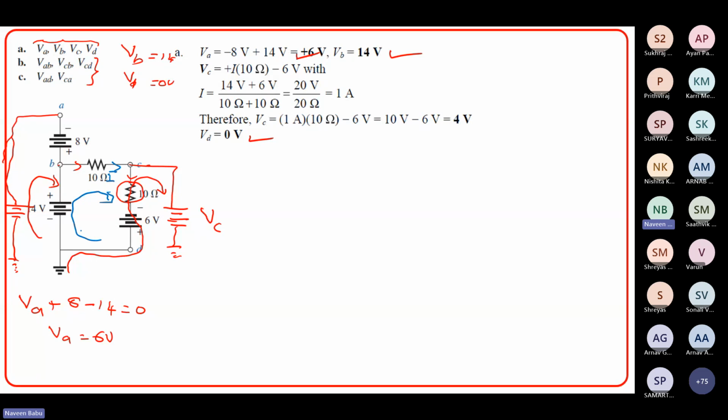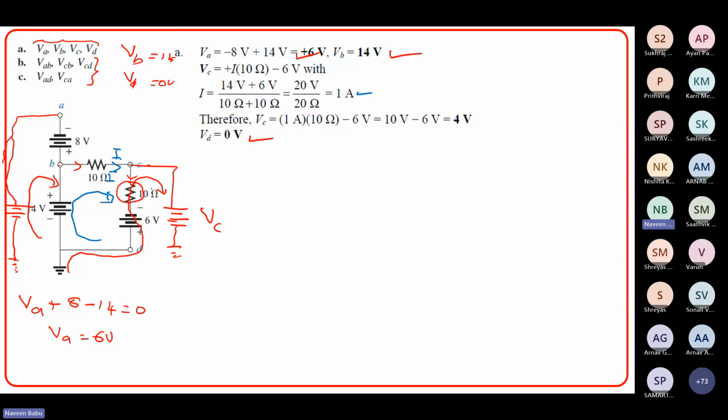If you apply KVL along this loop, it is 14 plus 6, right? As I travel here, I'm encountering a negative and positive across the 6 also. So it is 14 plus 6 divided by 10 plus 10, 20, which will be the current flowing across this branch. So it is 1 ampere.